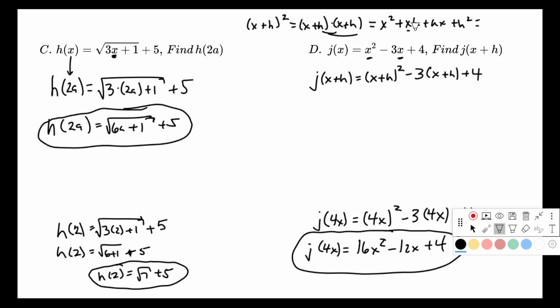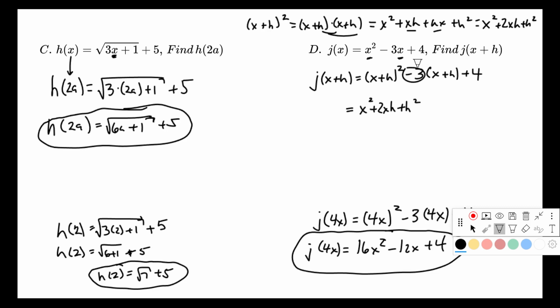These two are like terms. They're not in the correct order, but they're still like. So that's x squared plus 2xh plus h squared. So now I have x squared plus 2xh plus h squared. This, x plus h squared, is this, x squared plus 2xh plus h squared.